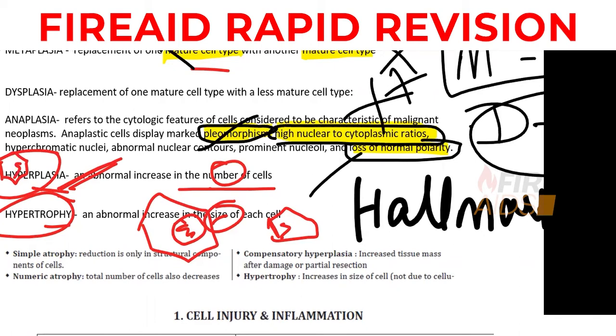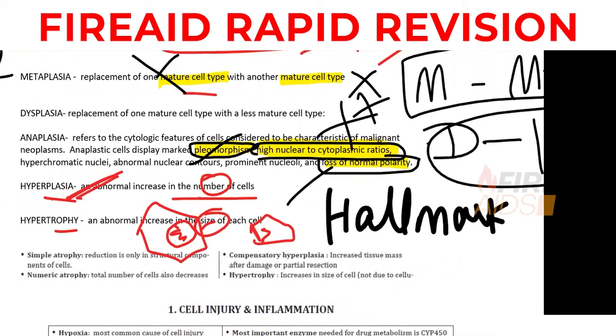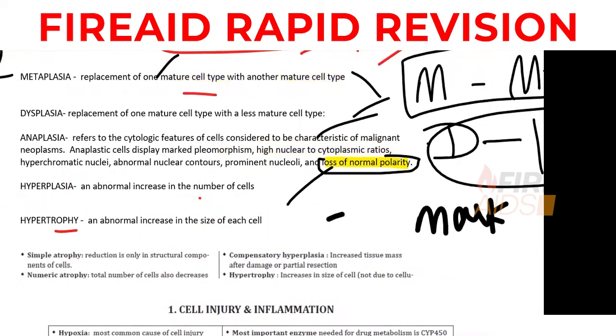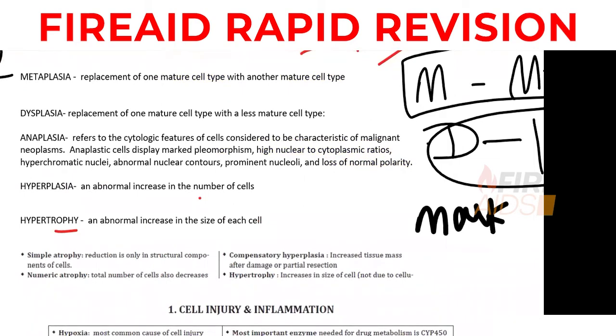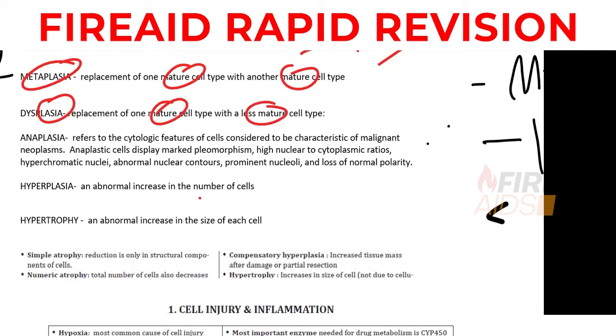I hope I'm clear. I repeat one more time quickly. Metaplasia, dysplasia, anaplasia, hyperplasia, and hypertrophy. For metaplasia, you have to remember 3M: mature cell to mature cell. Dysplasia: mature cell is replaced with a less mature or immature cell.